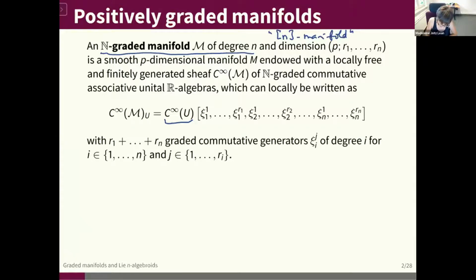Right. So the two important things to say here. First of all, such a graded manifold is always non-canonically split. So you always find an isomorphism to simple objects, which I'm going to explain.